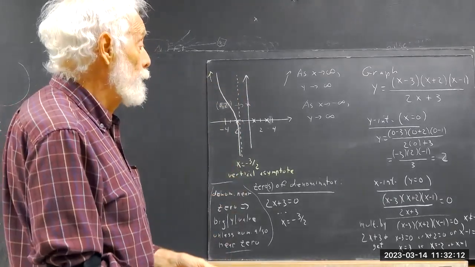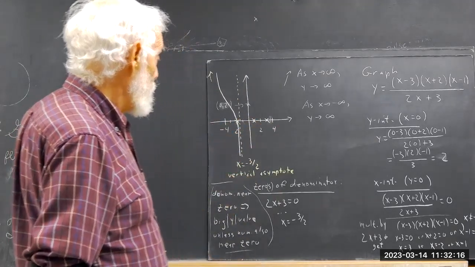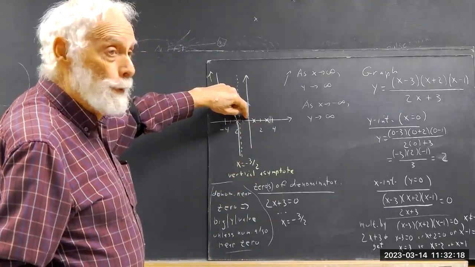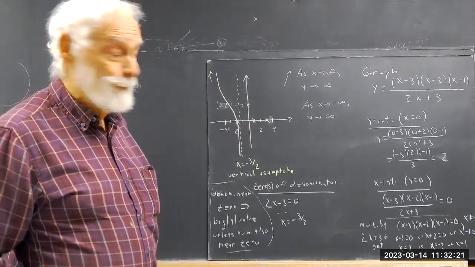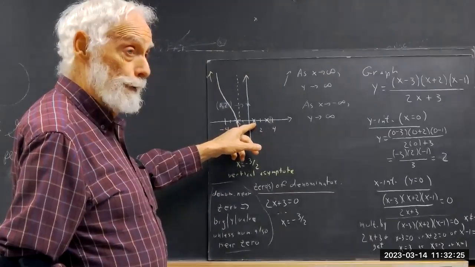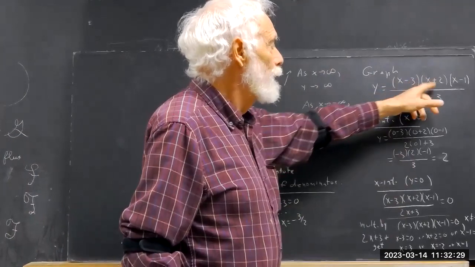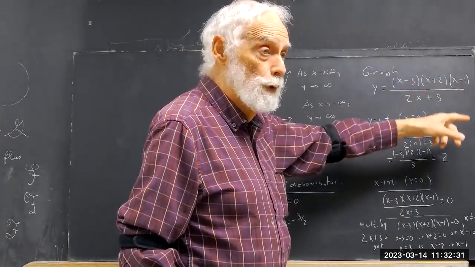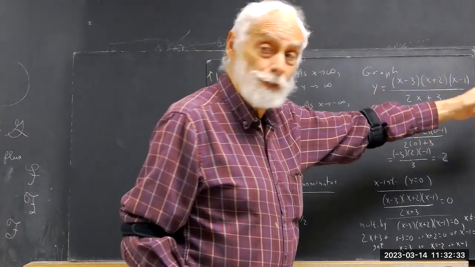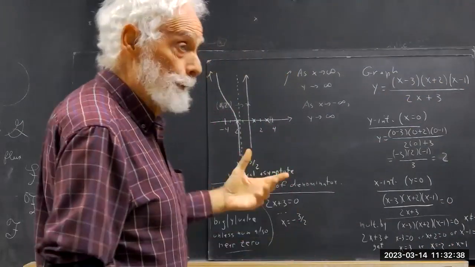Because the only place it can go through the x-axis is at one of these 3 points. Okay, there's no point here where it can go through the x-axis. It's definitely not 0 at any point between here and here. Because the only place, if x isn't one of these 3 numbers, 3, negative 2, or 1, then this isn't 0. None of these are 0, except at those values.